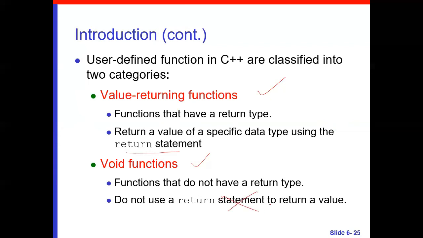Value returning function, actually you dah pernah jumpa pun, iaitu integer main. Kan, inside here you have the return 0. This is the value returning function. Void function, you tak perlu pun ada return statement ni.